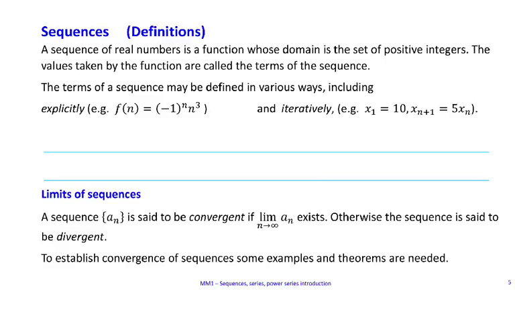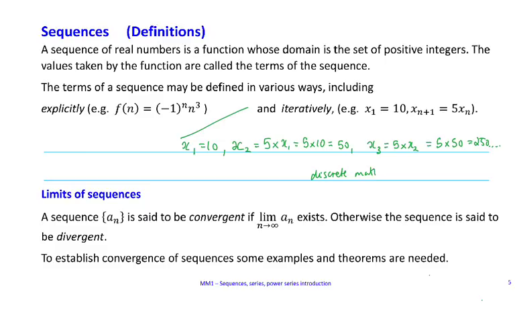So if we look at this, x_1 is equal to 10, so x_2 is 5 times x_1, which is 5 times 10, so it's going to be 50. x_3 is 5 times x_2, so it's 5 times 50, so it's 250, etc. So this is actually discrete maths. I've got that as a note in my set here.